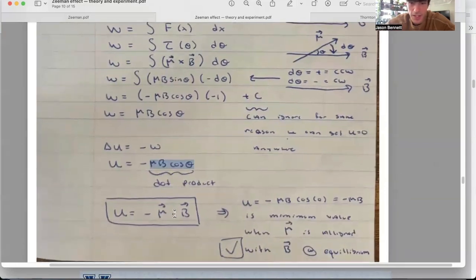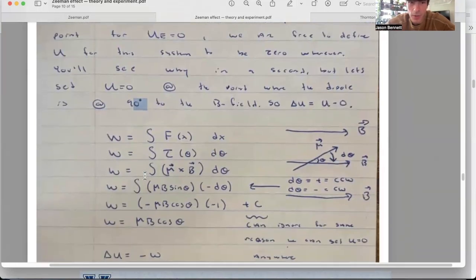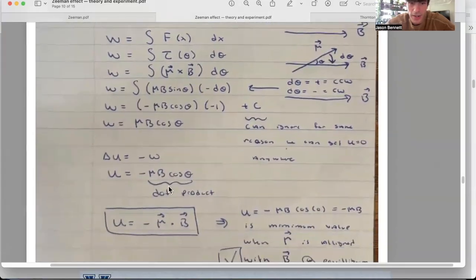So why does this actually make sense based on my definition up here? If I were to plug in 90 degrees here, this would end up being zero, right? So that actually makes sense. And also, what is the stable configuration of this system?